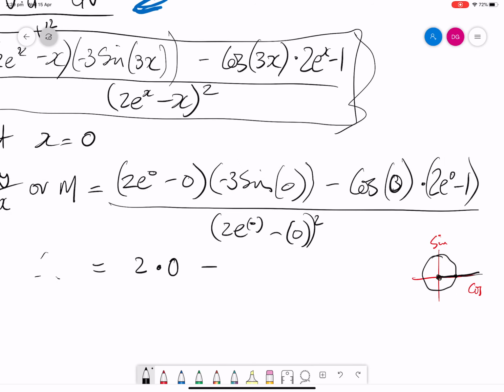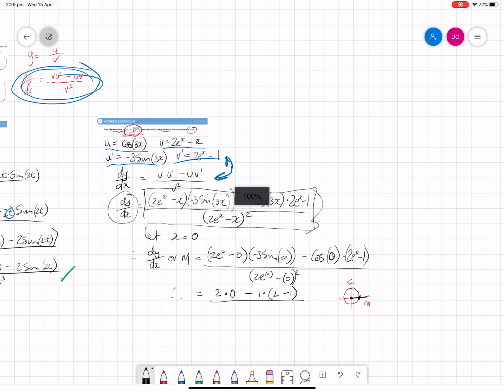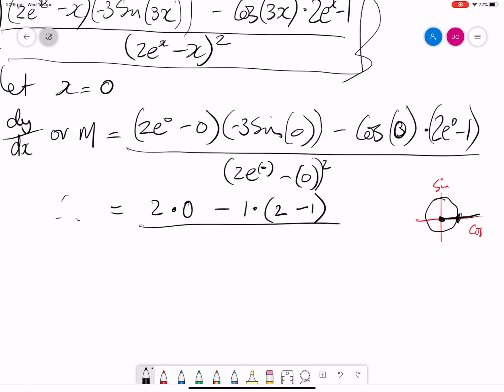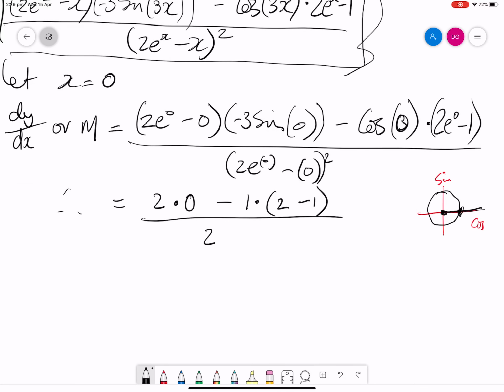Minus, we've got cos of 0. So when the angle is 0, cos is equal to 1. So we've got 1 times 2e to the power of 0, which is 2, minus 1 in brackets, divided by 2e to the power of 0, which is 2, minus 0 squared.